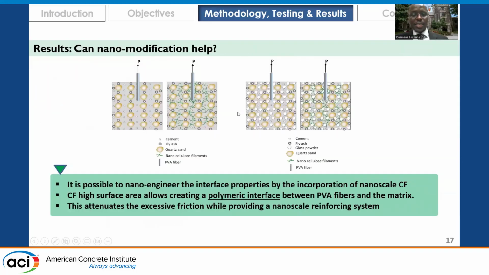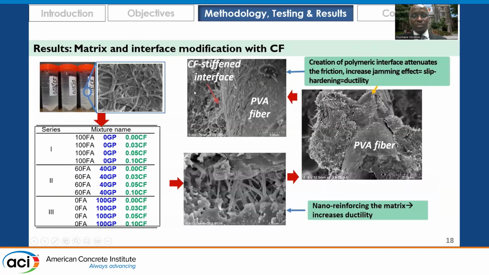The idea here is that when we use nanocellulose materials to reinforce either the matrix that does not have glass powder, which is the reference, or the matrix that has glass powder from 0 to 100%, there will be a nano-reinforcing effect on the matrix as well as on the fiber-matrix interface, the PVA fiber-matrix interface.